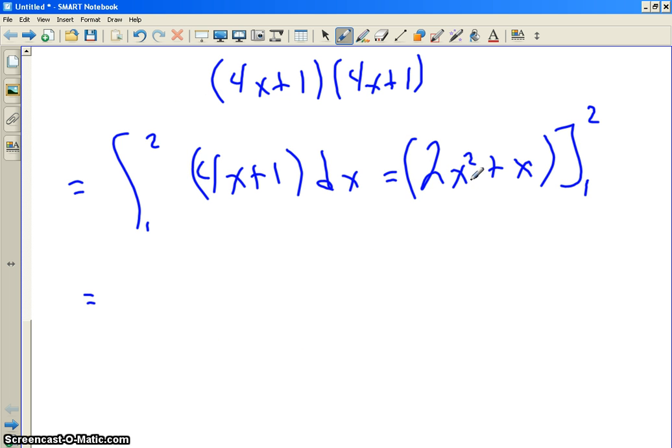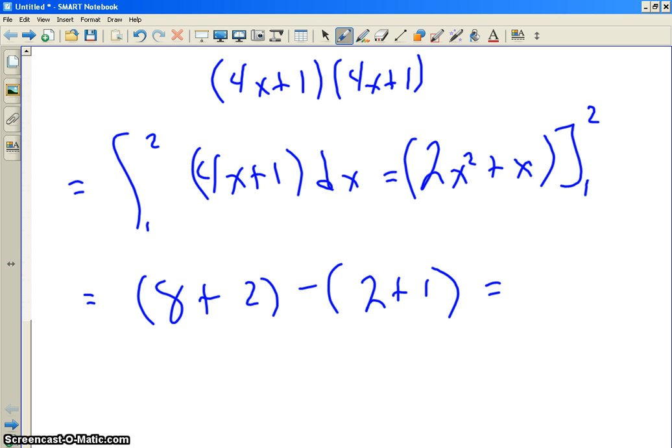So plug it in. 2 squared is 4 times 2 is 8 plus another 2 is 10, minus plug in 1. 1 squared is 1 times 2 is 2 plus plug in 1. So you get 7. And that's an arc length, so that's 7 units, like feet or something. 7 linear units. All right, so now let's just practice with arc length. And see what's nice about this? I can actually see the goodie.